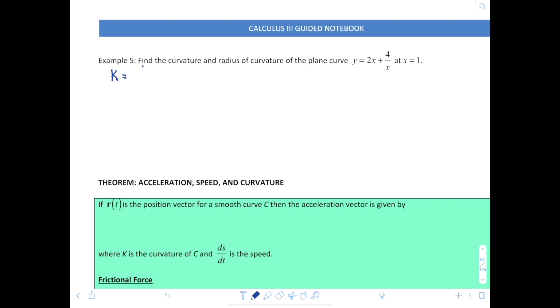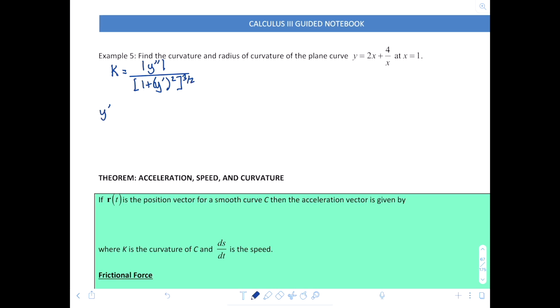So k is the absolute value of y double prime divided by 1 plus y prime squared, raised to the 3/2.